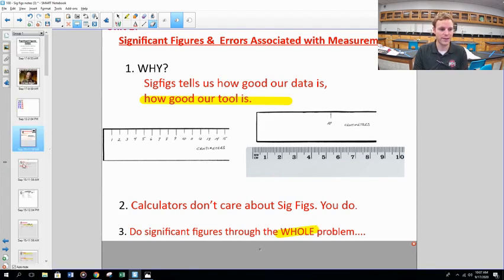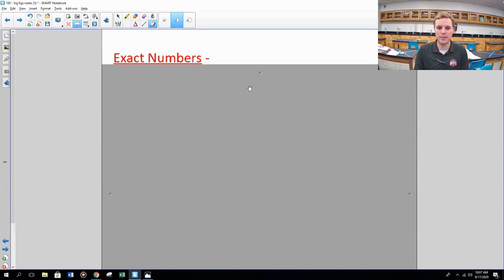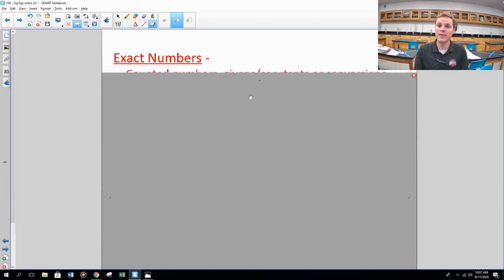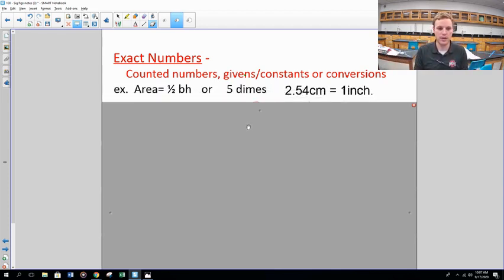Okay. So that brings us to exact numbers. What is an exact number? Well, there's a few different scenarios where we have exact numbers. So any counted number, any given or constant, or any conversions, those involve exact numbers. So for example, in an equation where you have area equals 1/2 base times height, so that would be the area of a triangle, that is an exact idea.